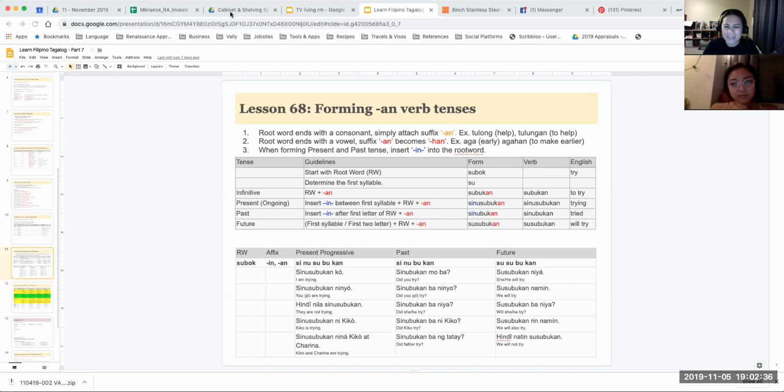It's kind of, in is kind of consistent for object focus. Unlike actor focus, when you see in, definitely it's object focus. While the actor focus infixes like and there's also mag.